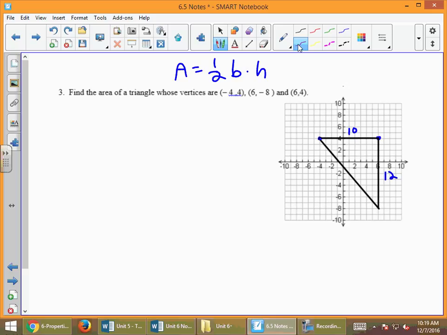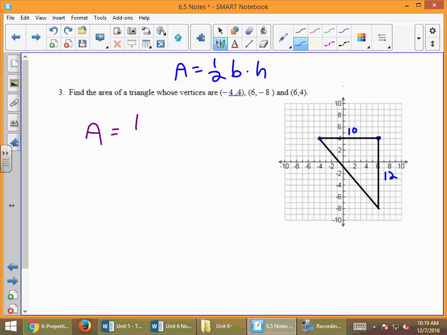This isn't a P-trip, that's what you're asking, because it's not. 5, 12, 13 is one, and then 3, 4, 5 is not 3, 4, 5. You can't just make up P-trips. You're straight P-tripping right now. Okay, so we don't need to do Pythagorean theorem here because I have my base and my height. We just have to plug in the formula.